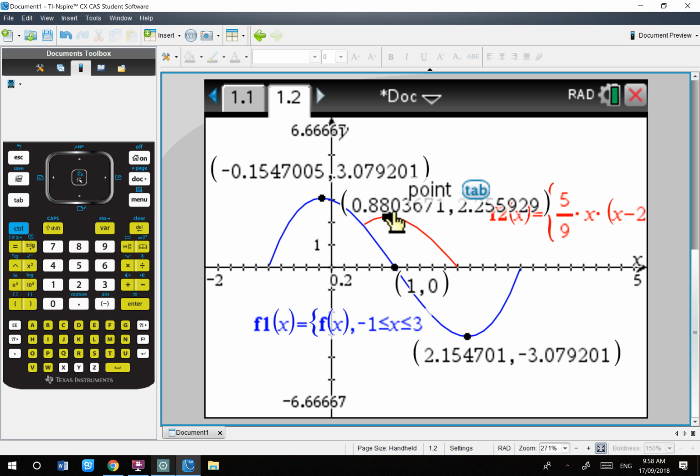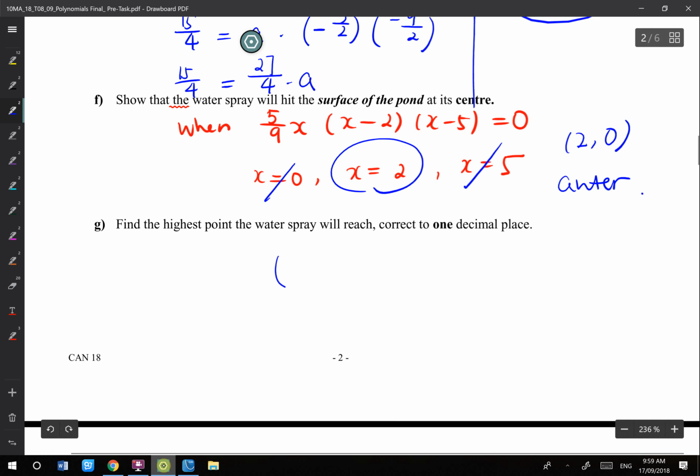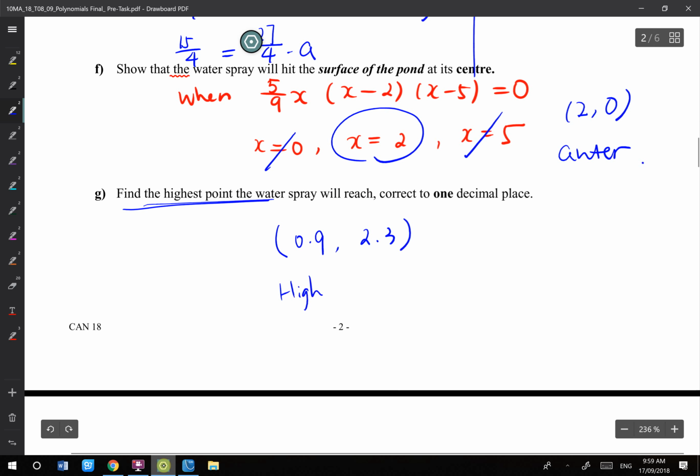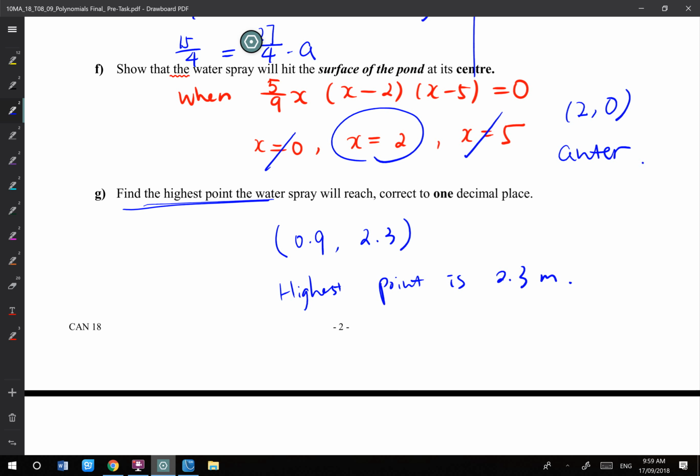You need to see it. So the answer here is 0.9, 2.3, but it only asks you for the highest point. So you will say the highest point is 2.3 meters. Okay, the highest height is 2.3 meters.